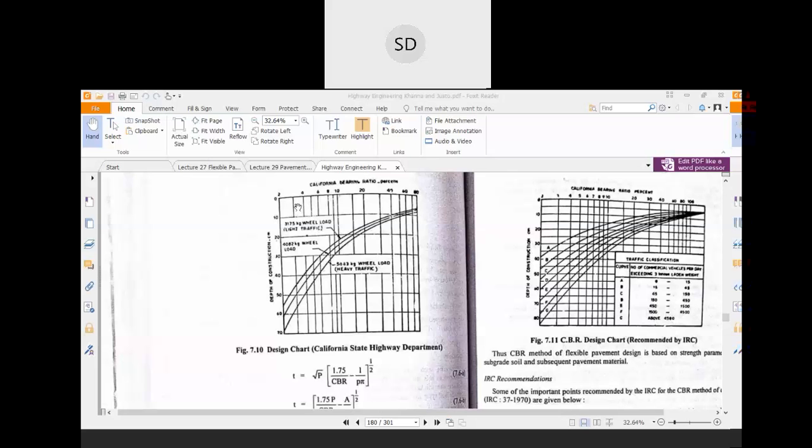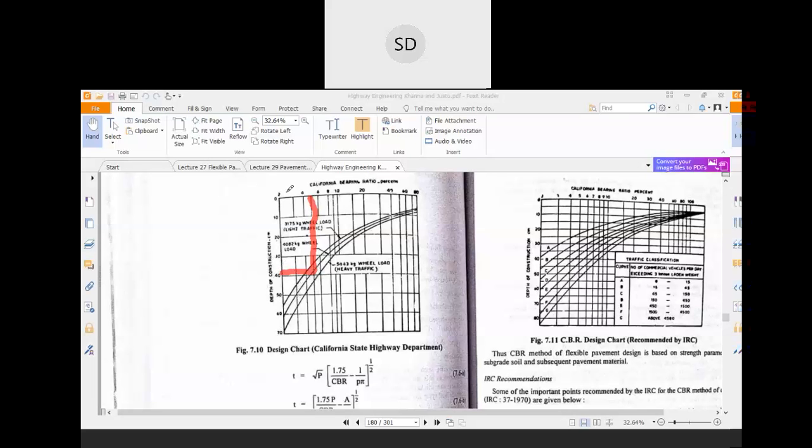Now see, where is the CBR 5% value? This is 2, 3, 4, 5. So that is the 5% CBR value. This 5% CBR value intersects the traffic curve over this point, and then you draw another line from there to find where it intersects the depth of construction curve.